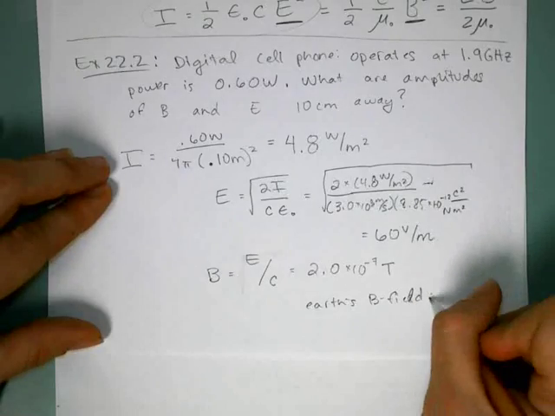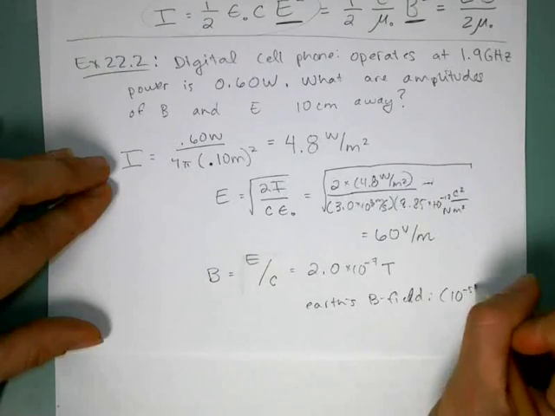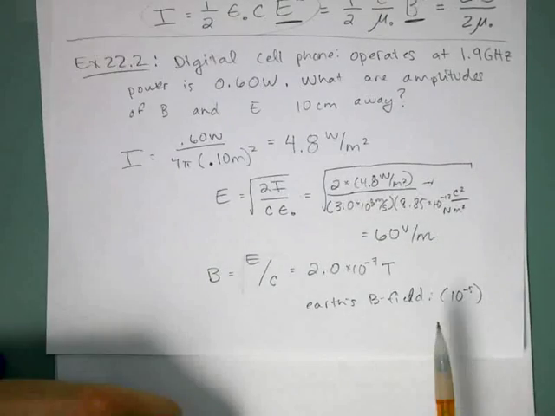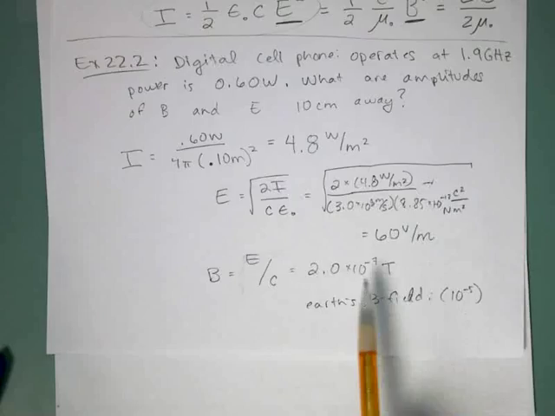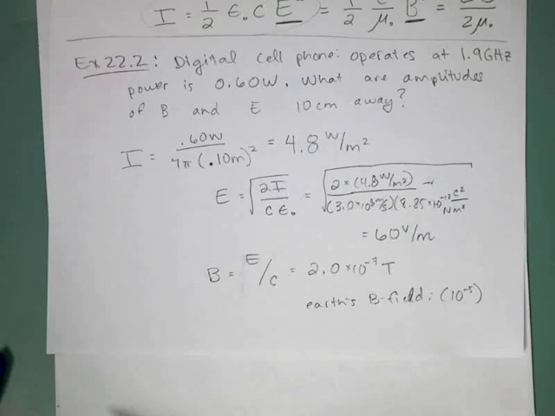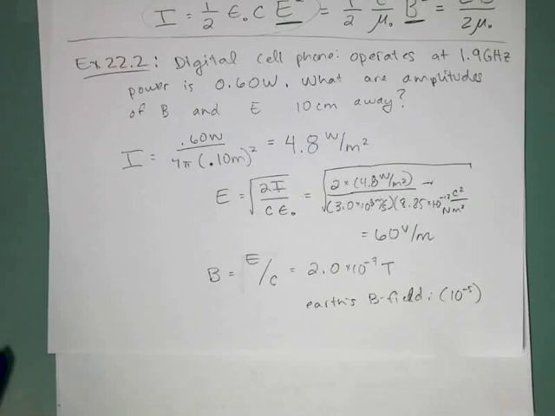Just to compare this, the Earth's magnetic field is 10 to the negative 5th. And actually if you do out the full numbers, it ends up that the Earth's magnetic field is 250 times stronger than that magnetic field there.